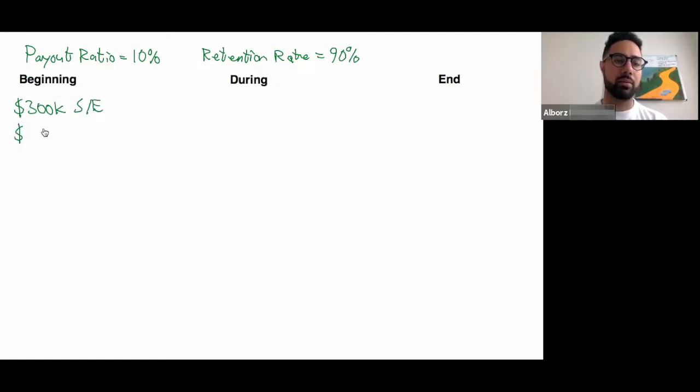We also have $120,000 of total liabilities, TL for short. At the end of the year, we forecast to have $50,000 in net income, NI for short, and $500,000 in assets.